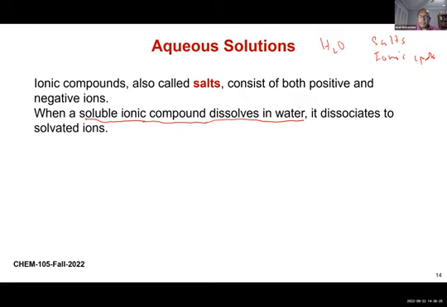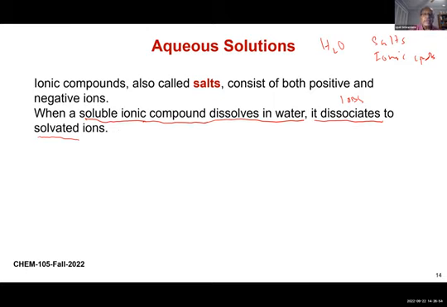Sometimes they become colored depending on the ions, cations mainly. When they go into solution, they break up, the ions dissociate. Solvated ion means this ion is surrounded by water molecules.